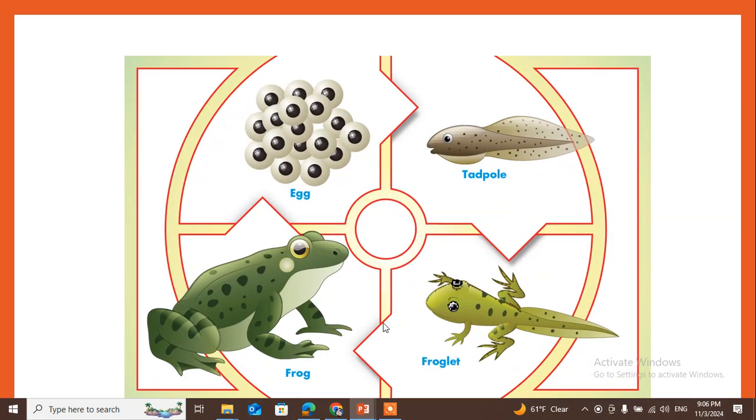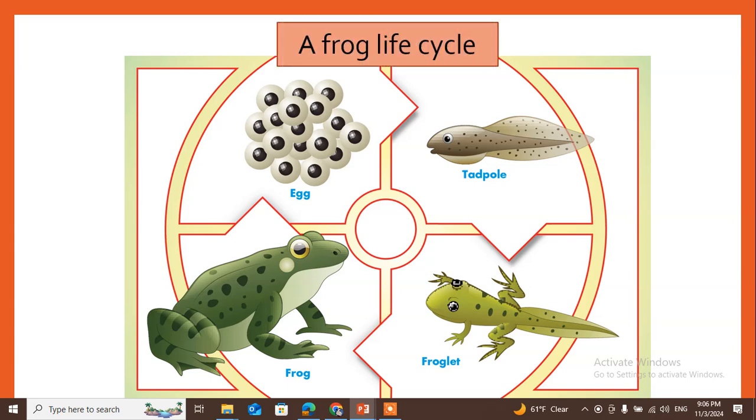Now, moving on to the frog life cycle. Frogs and insects like butterflies have babies that don't look like their parents. They look very different from their parents, right? Because these animals change form as they grow to be adults.